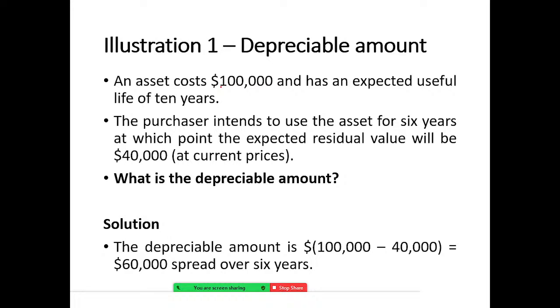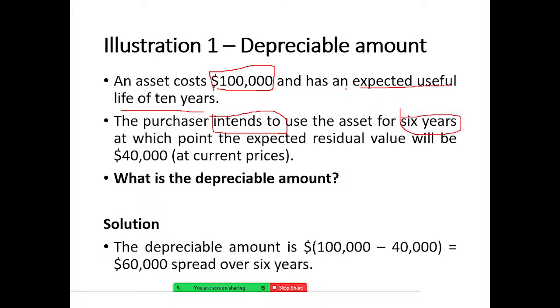We don't want to rush on this, as all of you are familiar with it. An asset costs US dollar 100,000 and has an expected useful life of 10 years. The asset was purchased for 100,000, with an expected useful life of 10 years. The purchaser intends, very important, to use the asset for 6 years only.